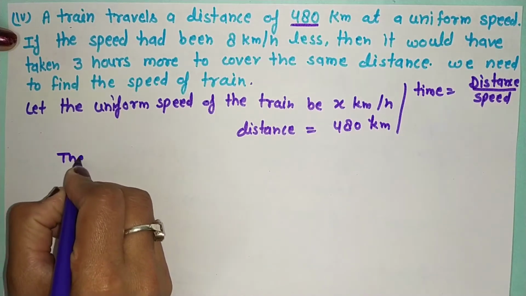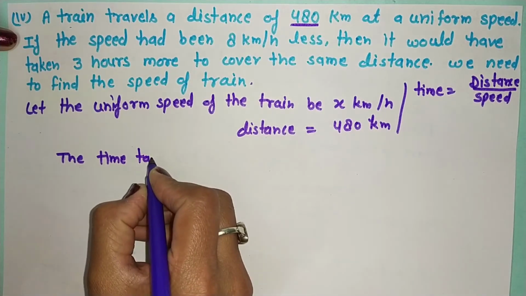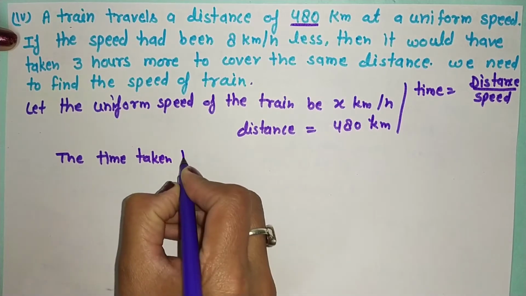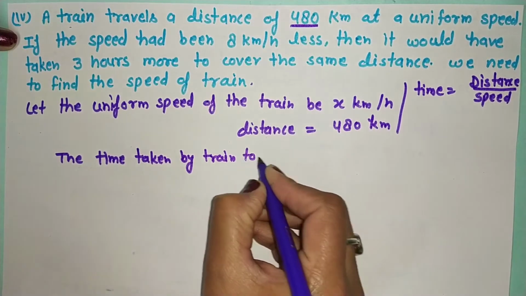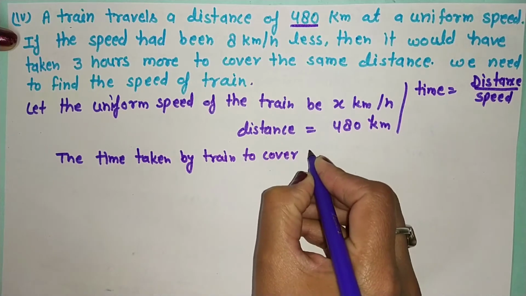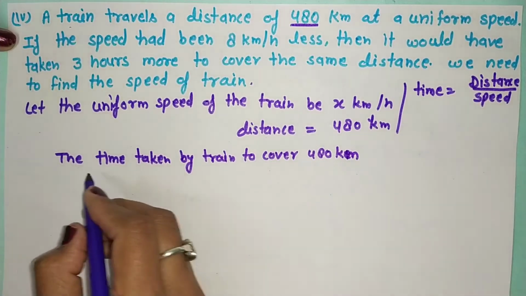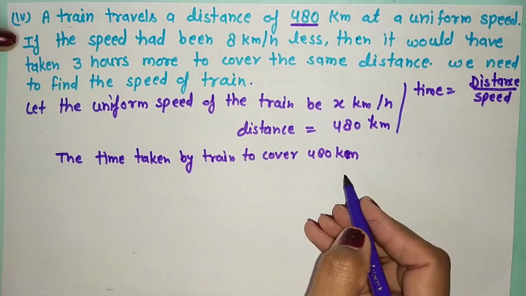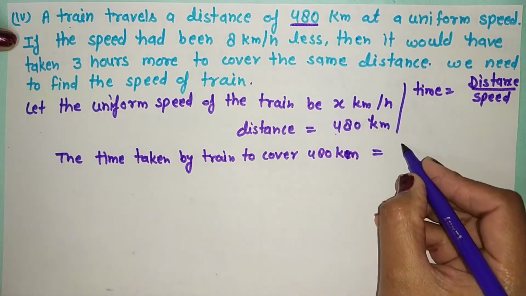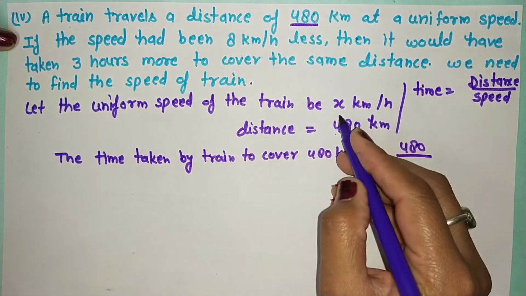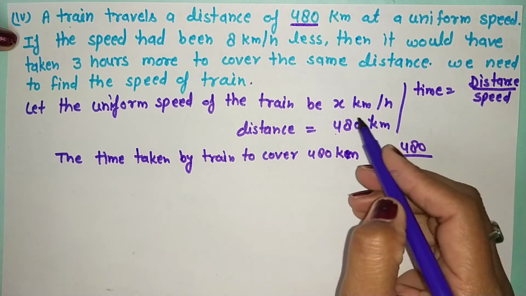Therefore, the time taken by the train to cover 480 kilometers is distance upon speed.